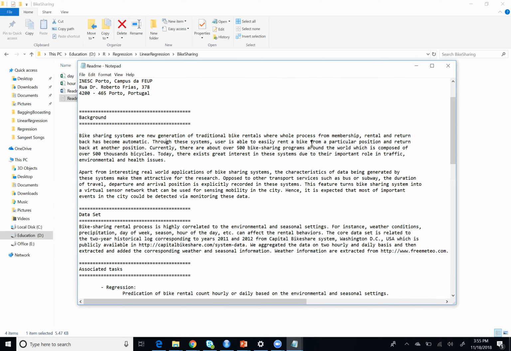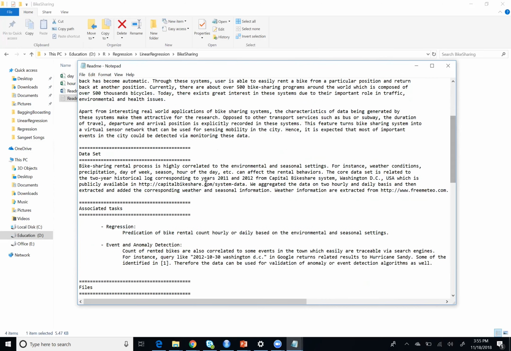So they gave this data set with all the features which can affect the number of bikes they need to store.